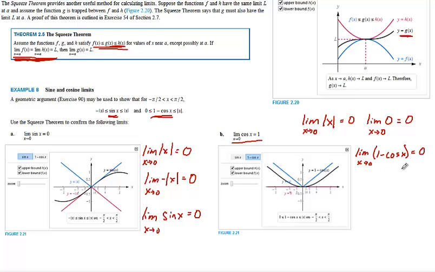Okay, so I'll use my laws for limits, and I'm going to use the difference law.